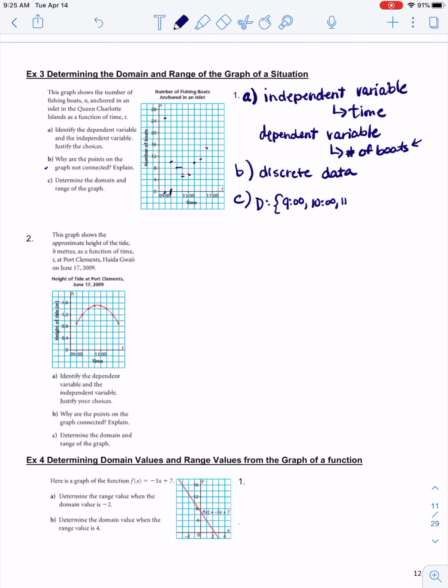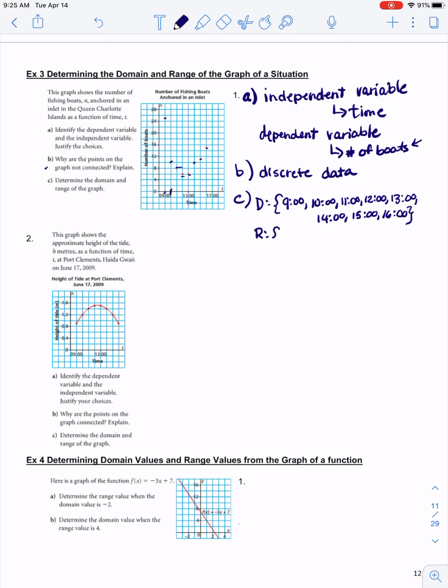We're using a 24-hour clock, so that's 1300, 1400, 1500, 1600, which is 4 o'clock, and then I close a curly bracket. That's it for discrete data for domain.